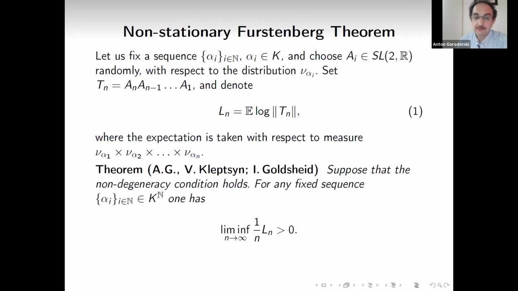So the first theorem, which shows that you have some exponential growth rate, is the following. If you take the lim inf of 1 over n multiplied by this average growth rate, it is going to be positive under the non-degeneracy conditions that we introduced. When we proved that and started to talk about it, it turned out that Ilya Goldsheid announced this result many years ago, never published.